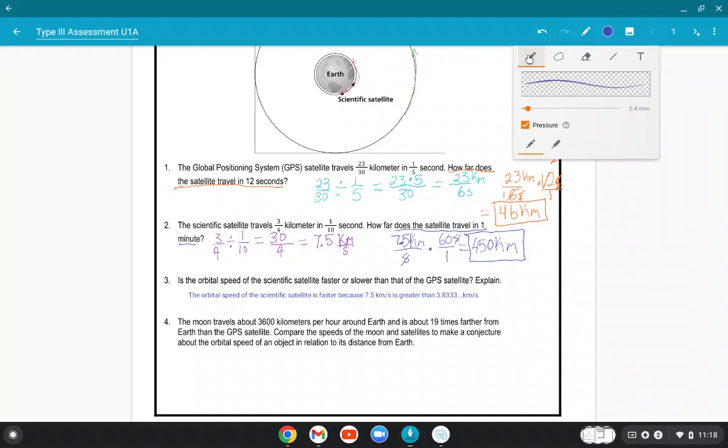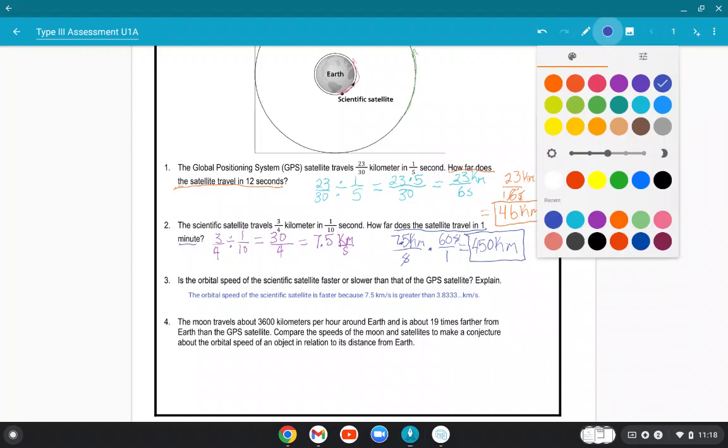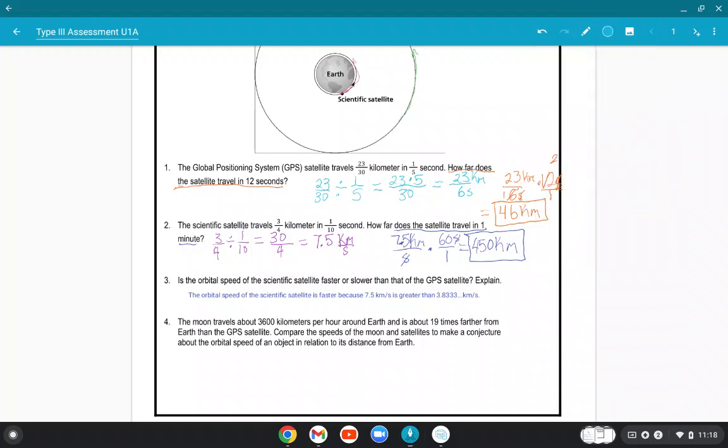Let's go back to number 1 when I got 23 over 6 as my answer. 23 over 6. There are 3 6s that fit in. Then I'm going to have a remainder of 5 because 23 minus 18 is 5 over 6. So now we're clear where the 3 comes from.